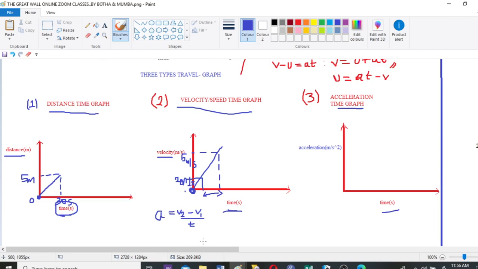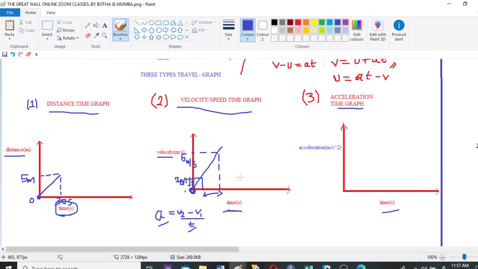The change in velocity or speed is happening over some time, and that is what we define as acceleration. That's why others say there are just two types of travel graphs, because the same velocity time graph, when there is a change in velocity, can change to an acceleration time graph.